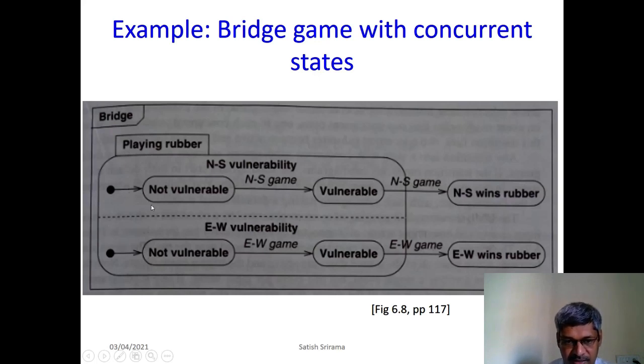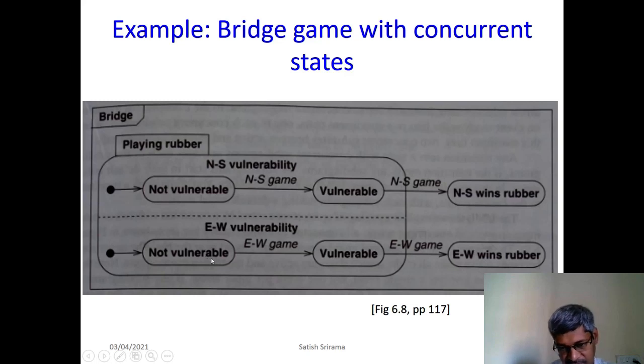So you have partitioned that one, so at any particular time the state is, for the complete playing rubber game, say for example, North-South is in a vulnerable state and East-West is in a not vulnerable state. So at a particular time the state is like this, and this sub-diagram has a transition to here, but this has stayed here.